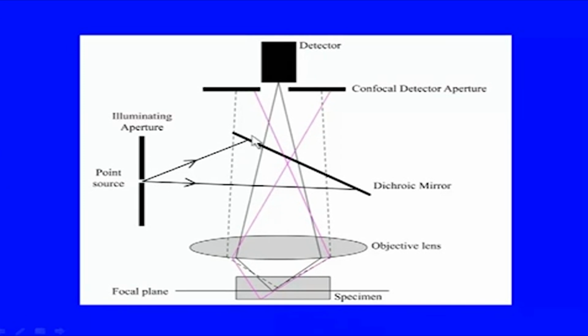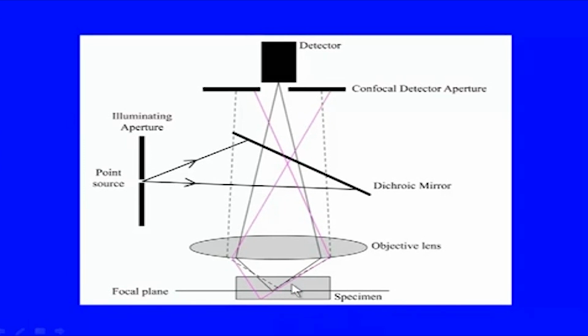These lasers are then focused through the objective lens onto the specimen. The difference here is that rather than illuminating the whole specimen, it is focused onto a particular point in the specimen, and it scans in a rectangular fashion at different depths.